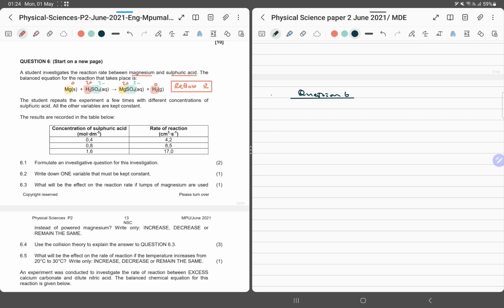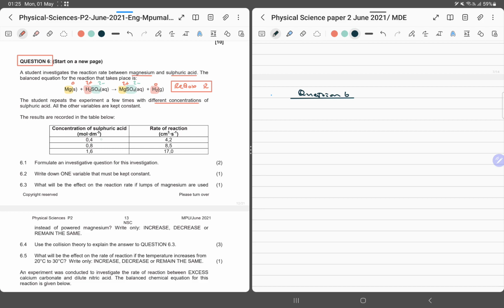Now we're told here, the student repeats the experiment a few times with different concentrations of sulfuric acid. All other variables are kept constant. Again, this is a question on reaction rate, so you're getting 2 questions here technically. The results are recorded in the table below.